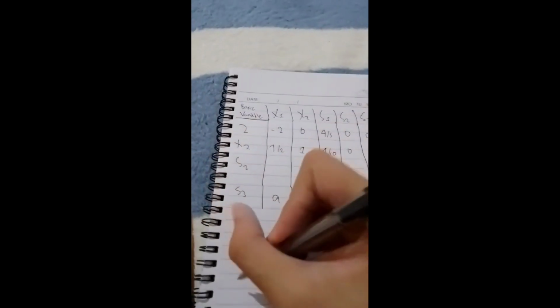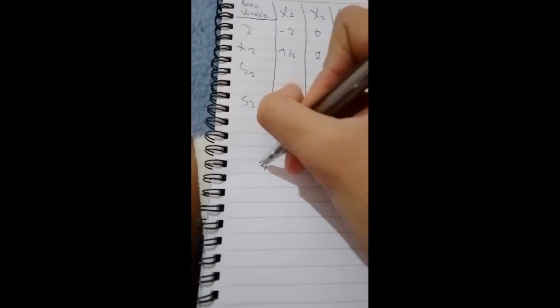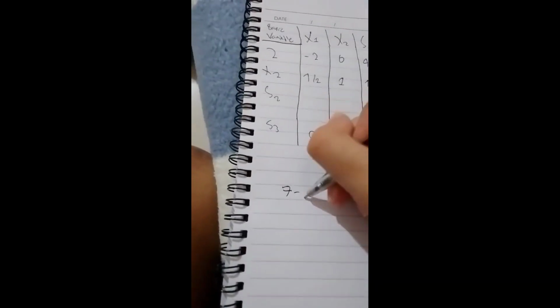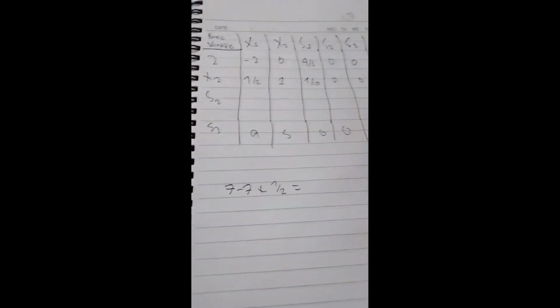So ang isasolve naman natin is yung S2. Yung current niya kanina, diba, is 7. 7 minus 7 times 1/2 is equal to 7/2. So ang sagot sa S2 is 7/2.